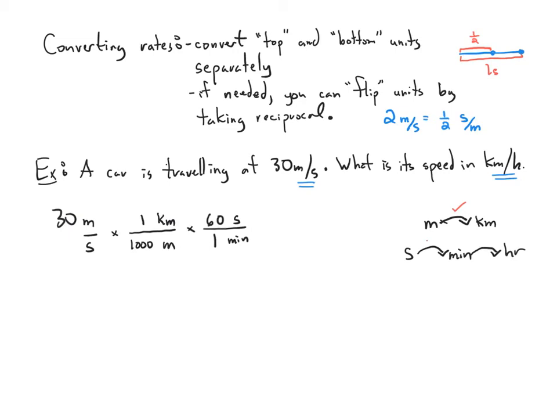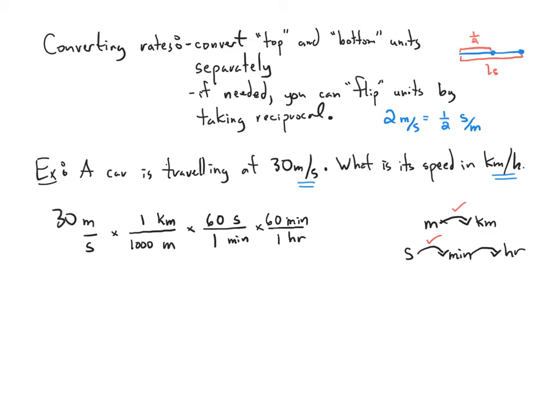Let's put a little check mark there. Now we need to convert from minutes to hours. Same idea, where we already have converted to minutes, so we need to convert to hours now. So I want minutes up top because that's what I want to get rid of. And I want to end up in hours. So there we go. And we know 1 hour is 60 minutes.